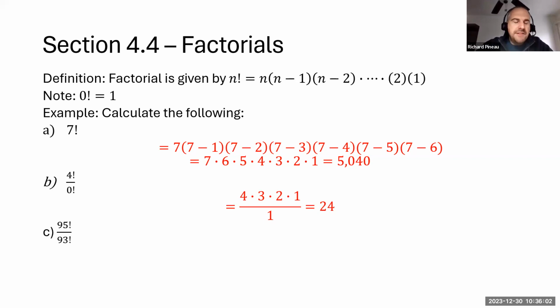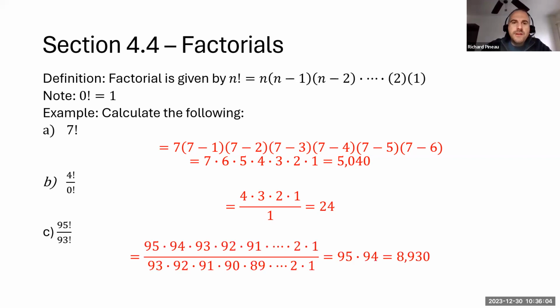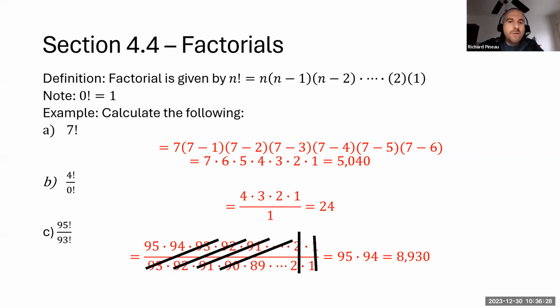Now, how about something like 95 factorial over 93 factorial? Well, I hope we understand that 95 factorial will be this long list of factors down to 2 times 1. Same thing for 93. Now, I'm not expecting anybody to sit here and try to compute all of this out. There's some things you should notice. I hope you all see that the 93 over 93, 92 over 92, 91 over 91, etc., even 2 over 2, 1 over 1, all of those go away.